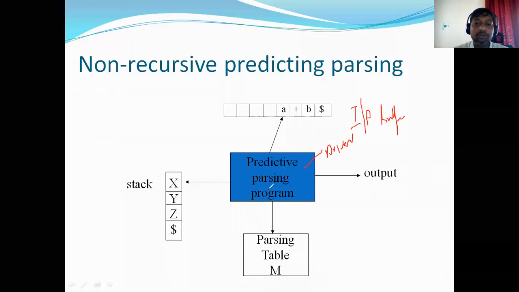The predictive parsing program will consider the current stack symbol and the current input, and it will look into the parsing table entry. Based on the parsing table entry, it will go further. As I told you earlier, the parsing table is the key thing. Without the parsing table, it is useless, right?